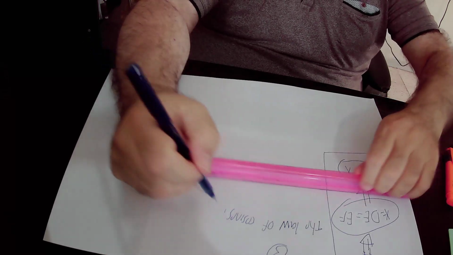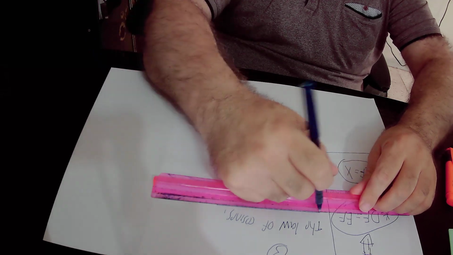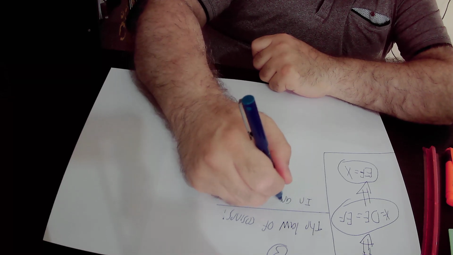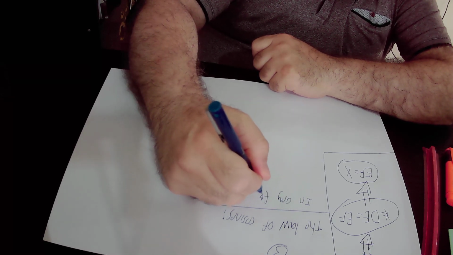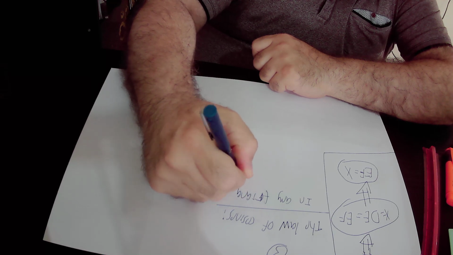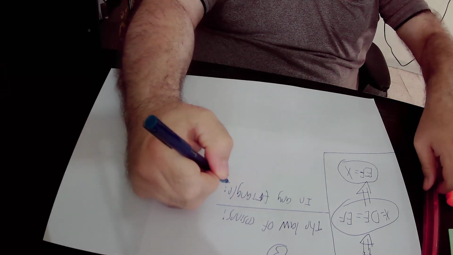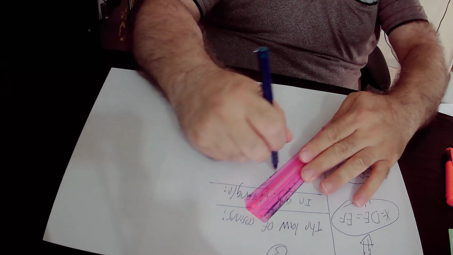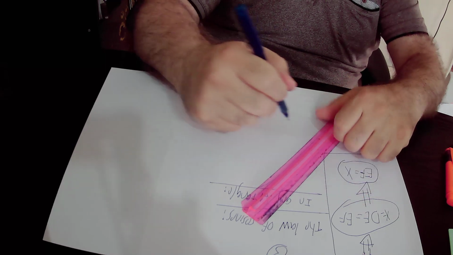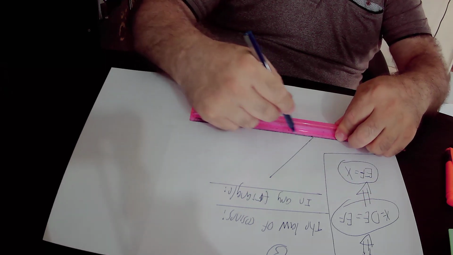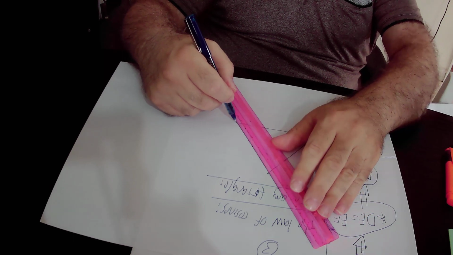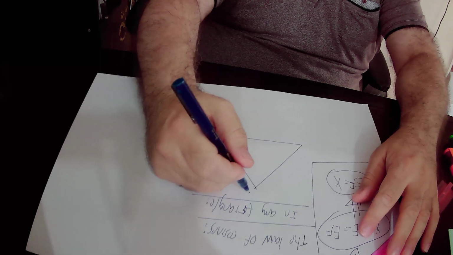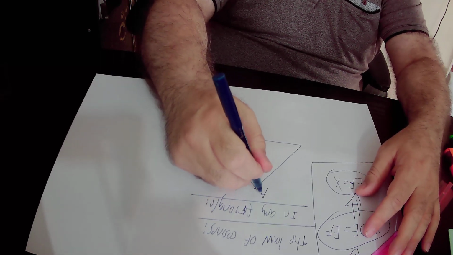So we can write here that in any triangle, so if we have triangle ABC, that could be any triangle. This is triangle ABC.